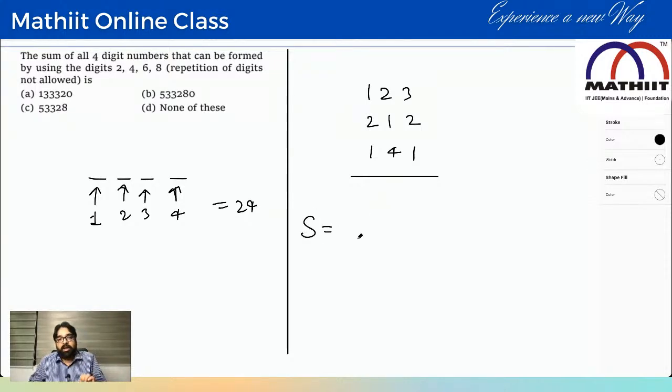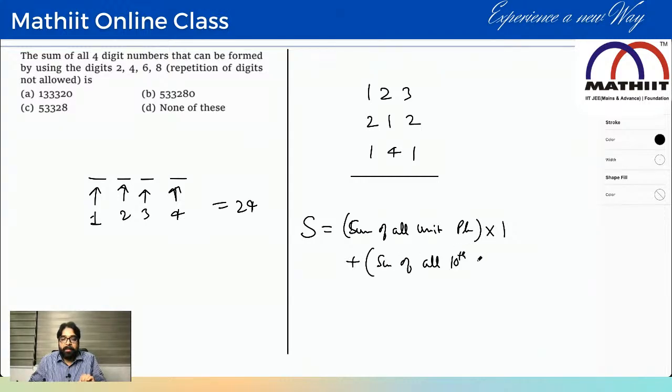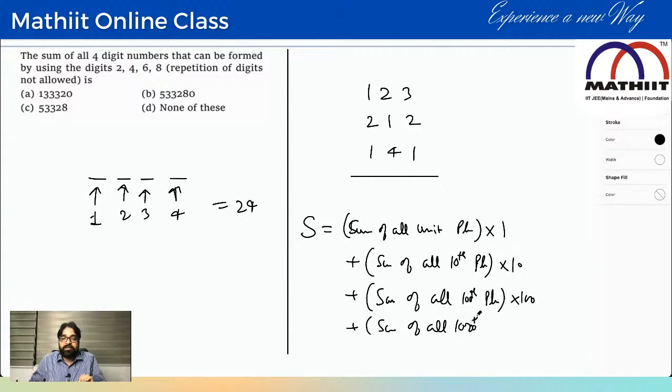Sum of numbers means: sum of all unit places into 1, plus sum of all 10th places into 10, plus sum of all 100th places into 100, plus sum of all 1000 places into 1000, and so on. I hope you understood the logic I'm trying to tell you.